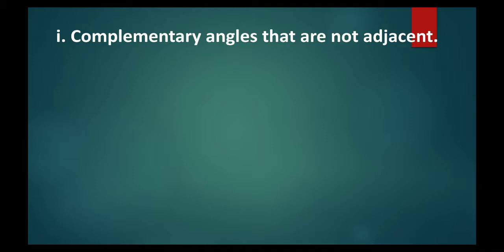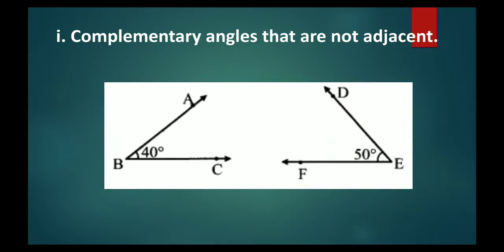Complementary means 90 degrees. Adjacent means having a common arm and a common vertex. So, one angle is 40 degrees and another angle is 50 degrees. If you add them, we get 90 degrees, complementary.